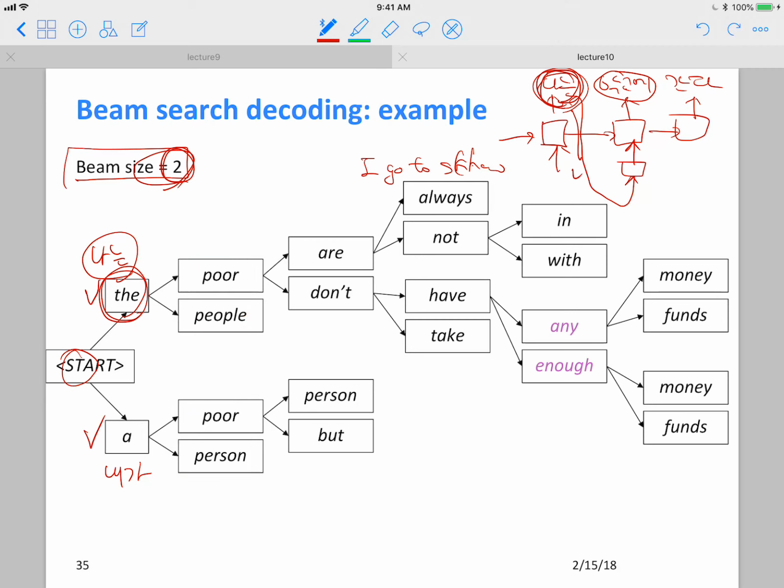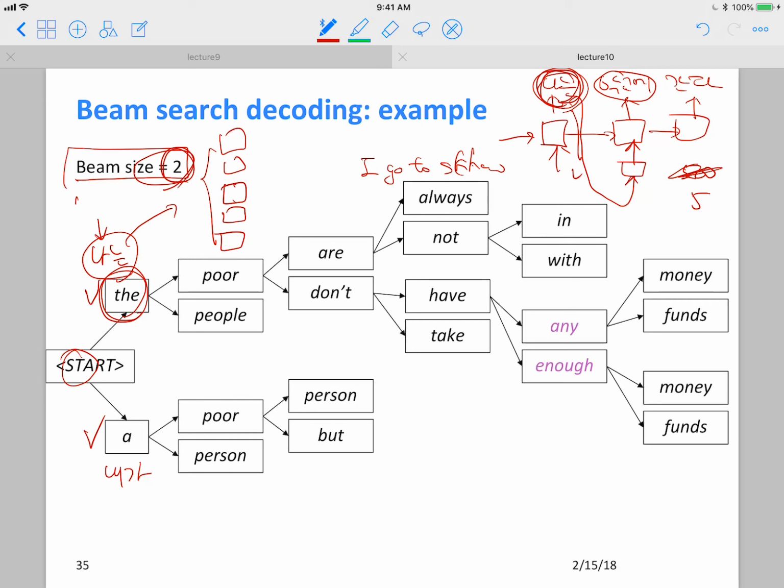From here, we consider all the possible words by considering all the softmax probabilities across the entire vocabulary of the Korean dictionary. Suppose we have a dictionary size of 5, so 5 different words in our Korean vocabulary, and then we have 5 different probabilities.